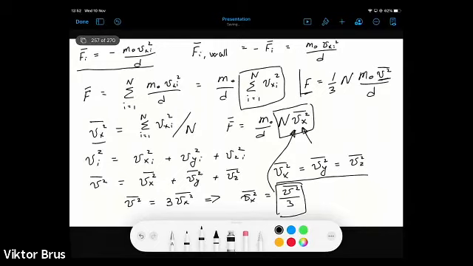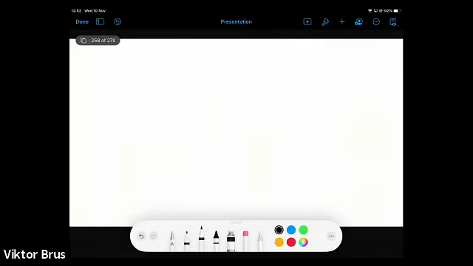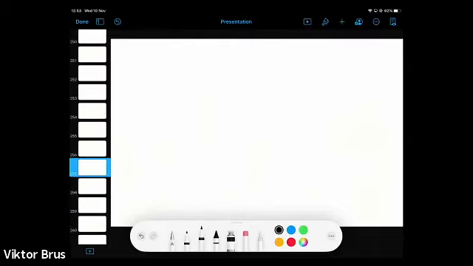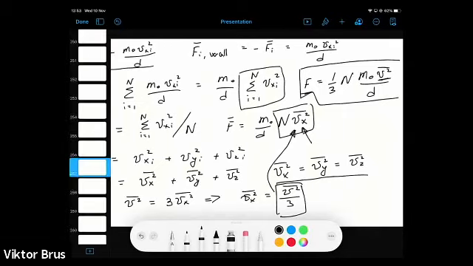Now we keep this in mind, since we don't have more space here. We will write it on a new slide. So that will be, what do we have here?